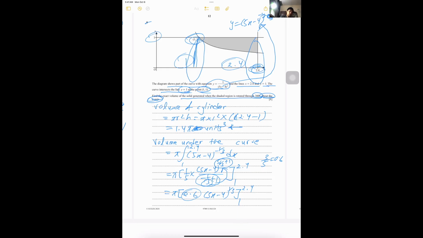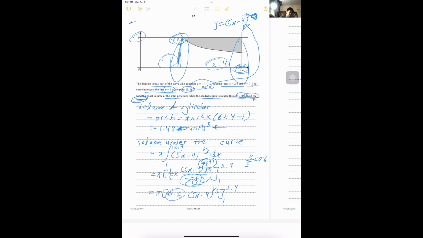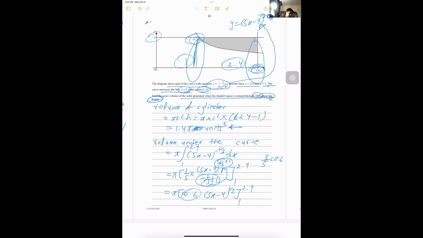In the exam I'll show that you're placing the limits, but I'm just giving the direct answer here, right? But in the exam, show the placing of the limits, right?